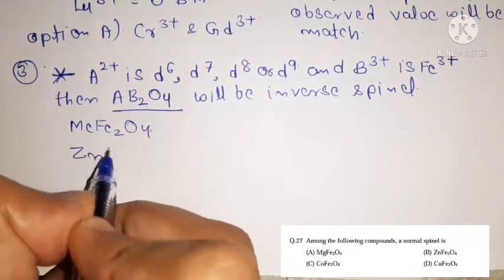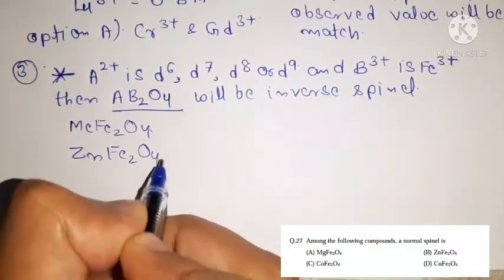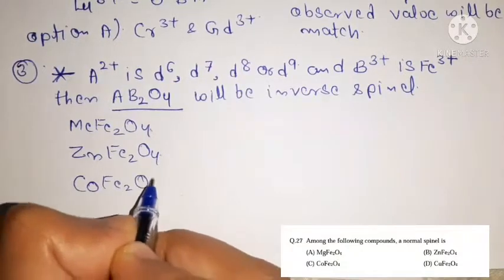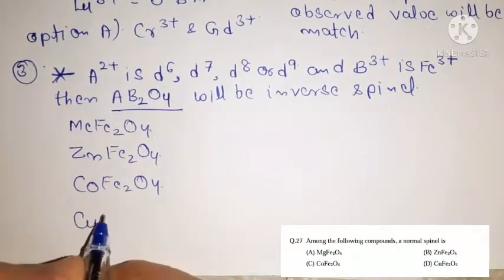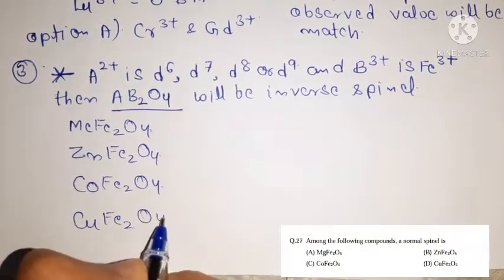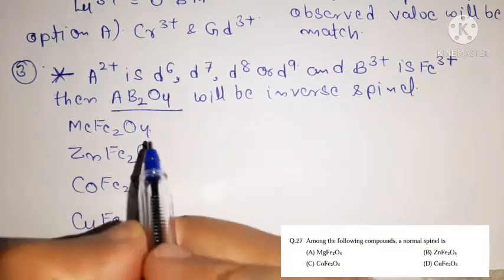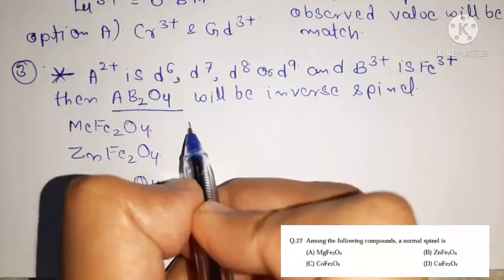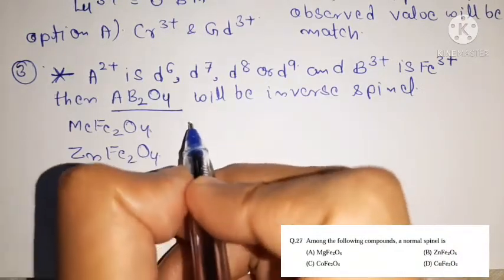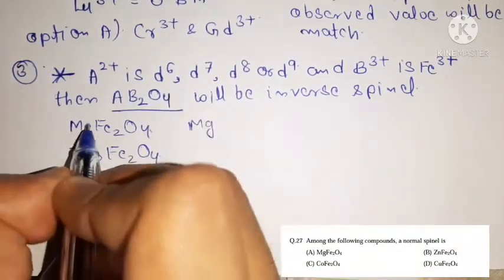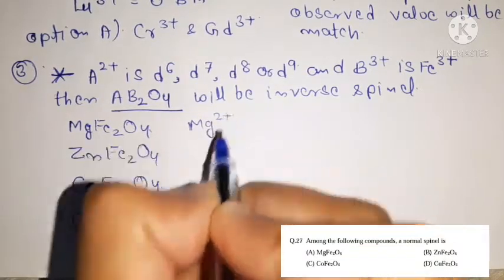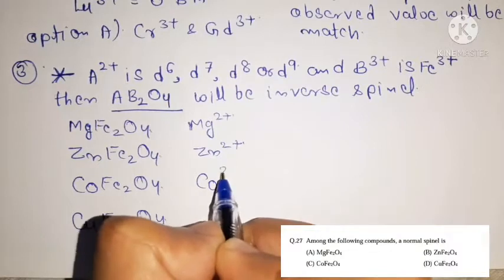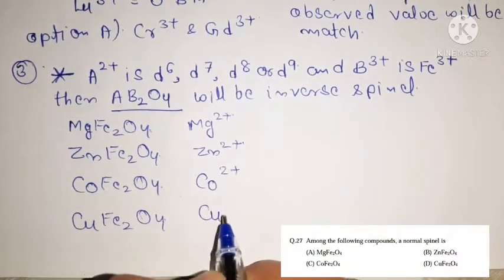Next one is ZnFe2O4. Next one is CoFe2O4. Next one is CuFe2O4. Now in these compounds the divalent cation is magnesium 2 plus, zinc 2 plus, cobalt 2 plus, and copper 2 plus.